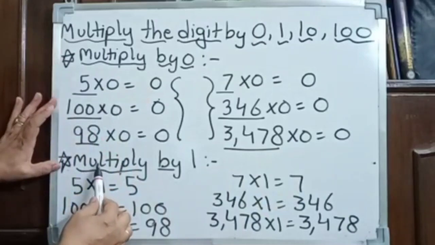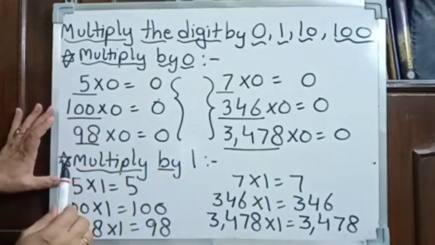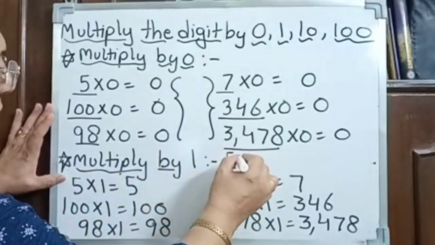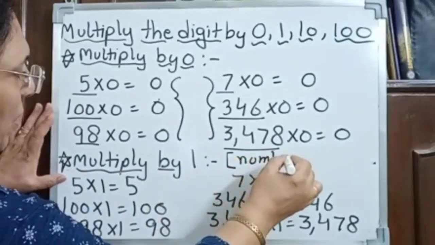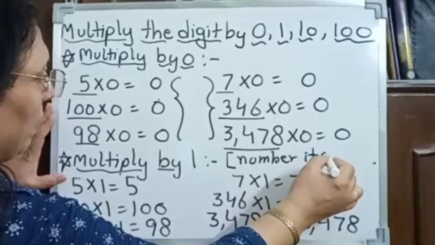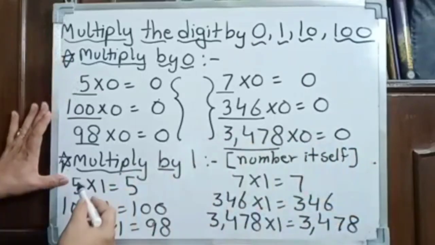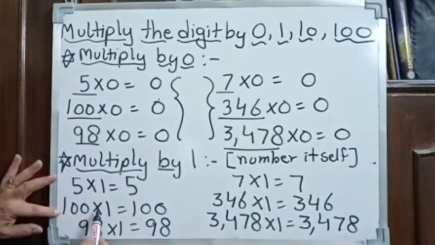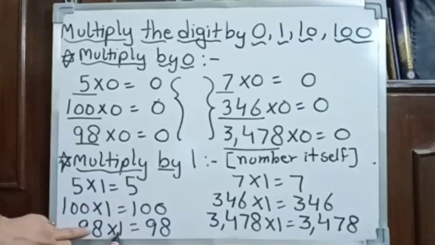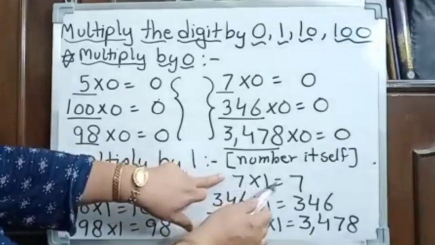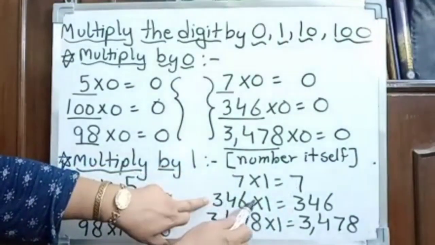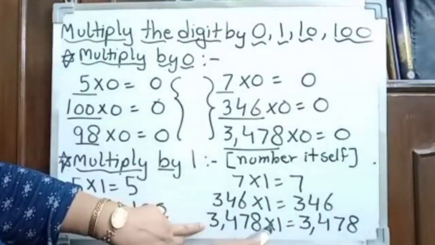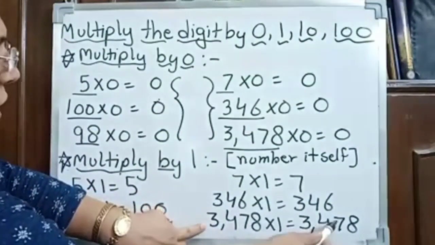Now look at here, multiply by 1. Any number multiplied by 1 is the same number itself. So 5 into 1, 5 multiplied by 1 is equal to 5. 100 multiplied by 1, 100. 98 multiplied by 1, 98. 7 multiplied by 1, 7. 346 multiplied by 1, same number. 3478 multiplied by 1, 3478.